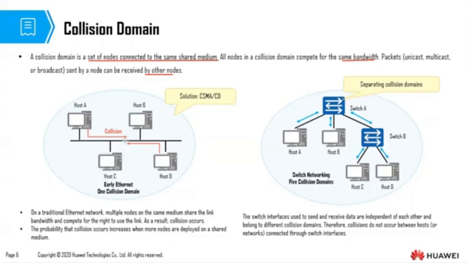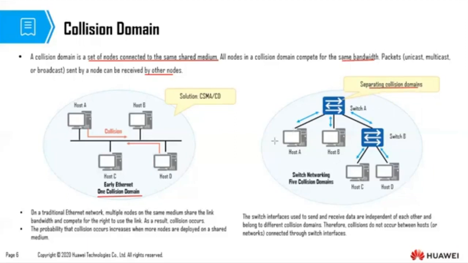So with the earlier arrangement, you had a single collision domain. The more devices you have in your network, the higher the chances of collision occurring. So the other arrangement was to use the star topology by having a central device that will be able to send unicast frames from one device to another device, and thereby also separate collision domains.